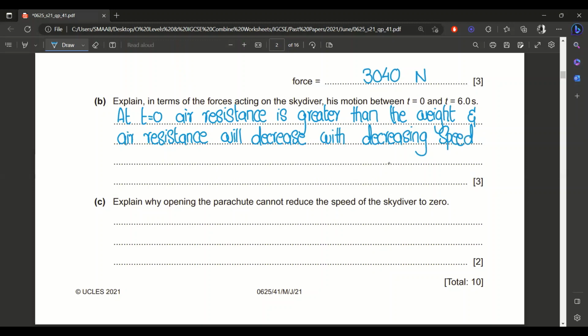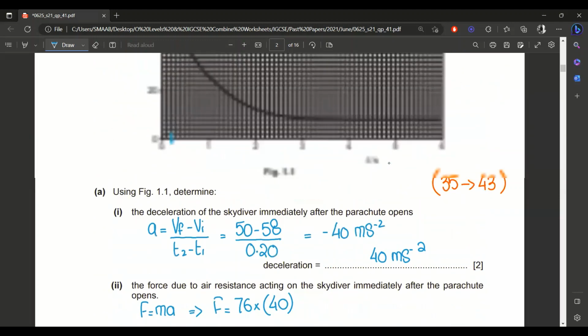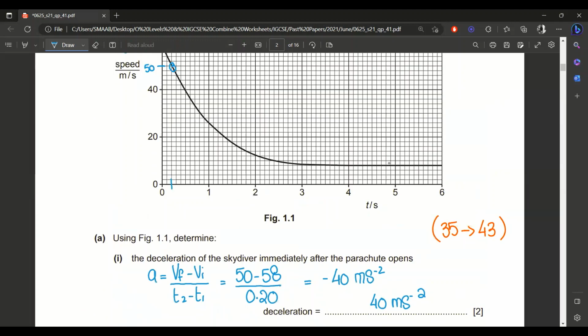Finally, the last part of the graph is a straight line, starting from around 3 seconds to 6 seconds. This part represents the terminal velocity of the body, where weight and air resistance are equal and opposite to each other.